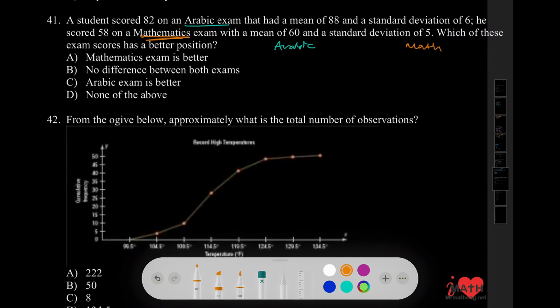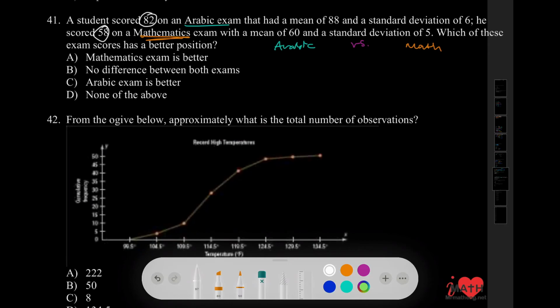When you're comparing two types of data, it's hard to compare because one of them had an 82 and the other one scored a 58. So you're like, well, they totally scored way better on the Arabic exam because it seems higher. But that's wrong. Because in order to compare these two, you need a common ruler to measure them, to see who's better.